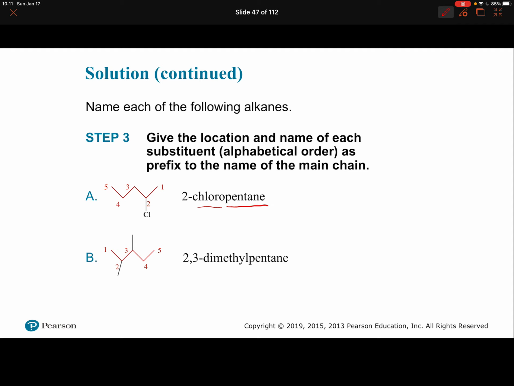This one was a little trickier. Also had 5 carbons. Longest chain was 5 carbons. Even if you didn't happen to draw these exact pictures, as long as all the parts are there.